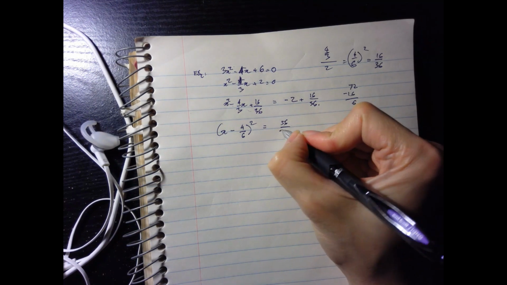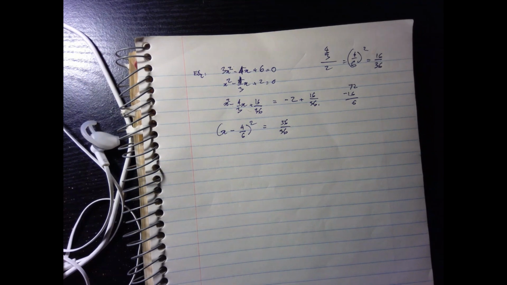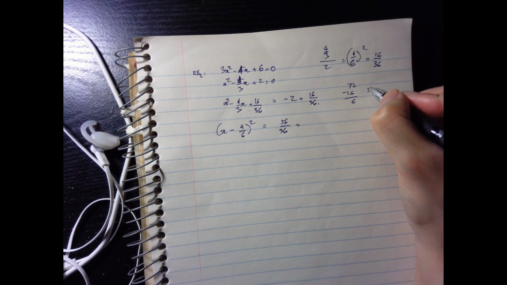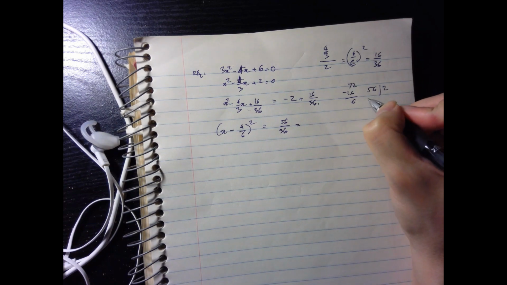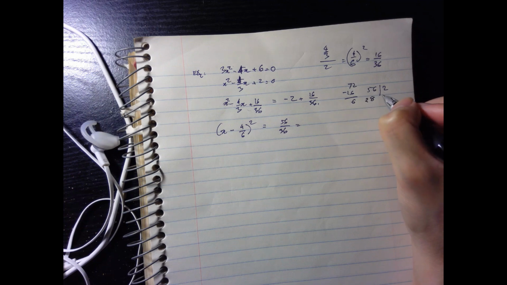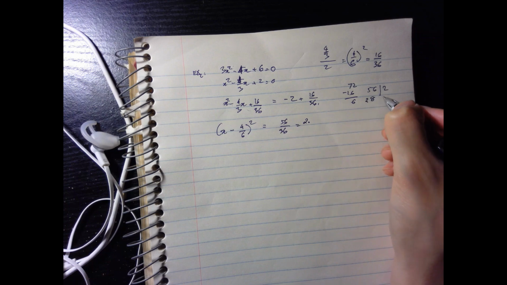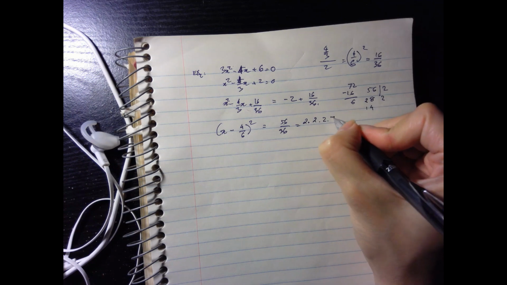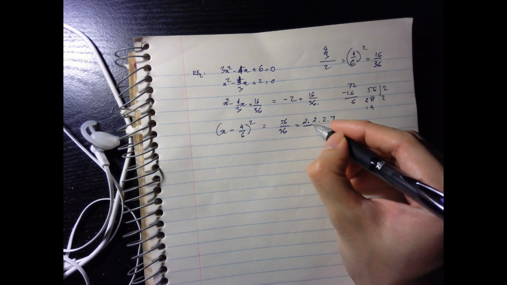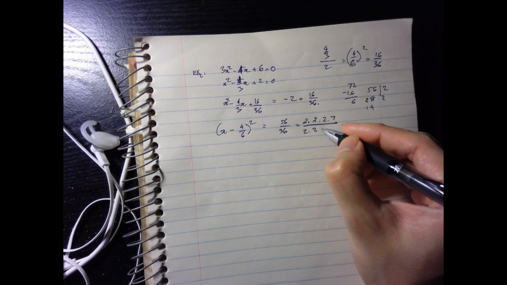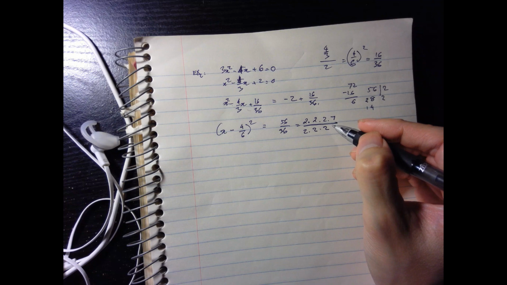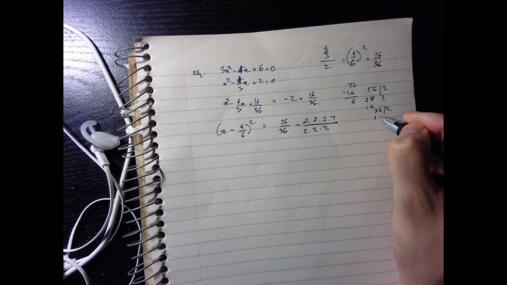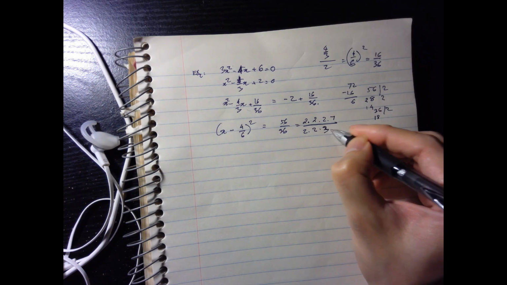And I simplify it: 56 is 2 times 2 times 2 times 7, and 36 is 2 times 2 times 3 times 3. So I cancel, and I have 14 over 9.